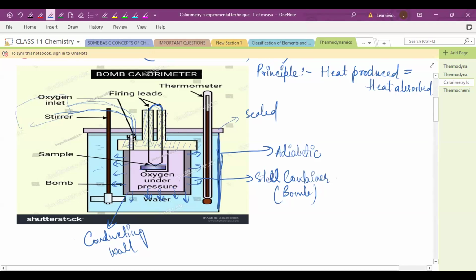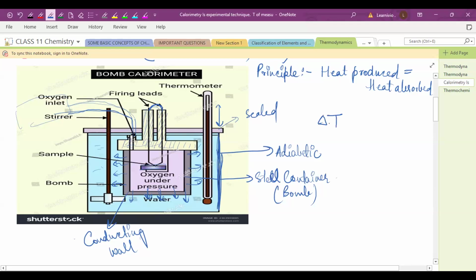When the heat changes, because it is properly an adiabatic process, right, the heat does not transfer outside, so there is no loss of heat to the surroundings. So the thermometer monitors the change in heat, and you will get delta T, the change in temperature.